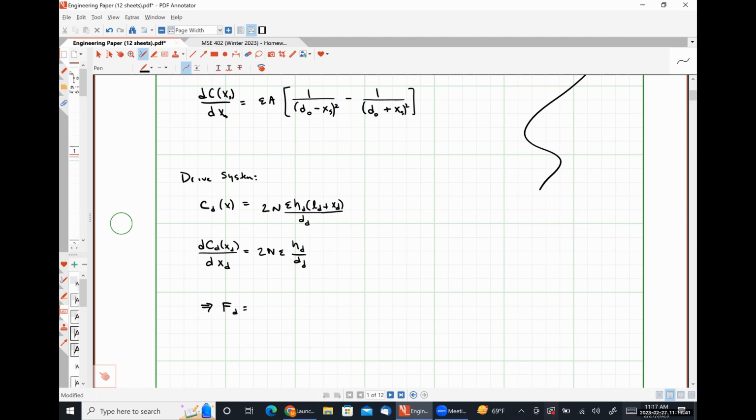So our drive mode force is 1/2 times twice V_DC, V_AC, cosine omega naught D t, because our excitation frequency should be the resonant frequency of the drive mode to get the largest possible amplitude, which we talked about in class, but nowhere in the problem statement did I tell you what frequency we're at.